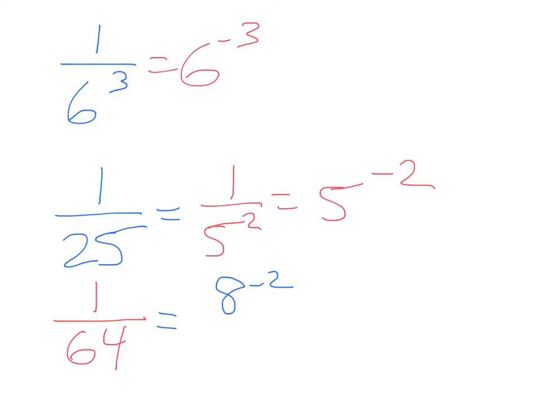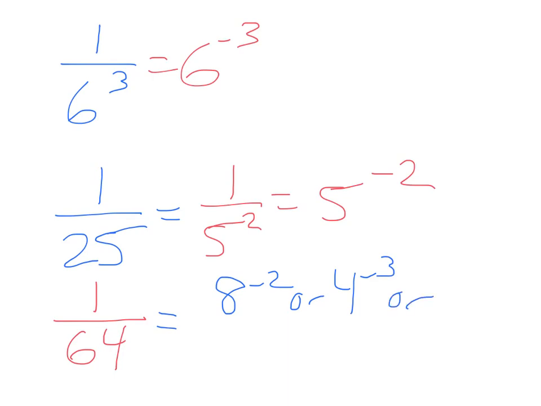What's another possible answer I could do for this one? 4 to the negative 4th power? Is it 4 to the negative 4th? Yeah, it's 4 to the negative 3rd power.